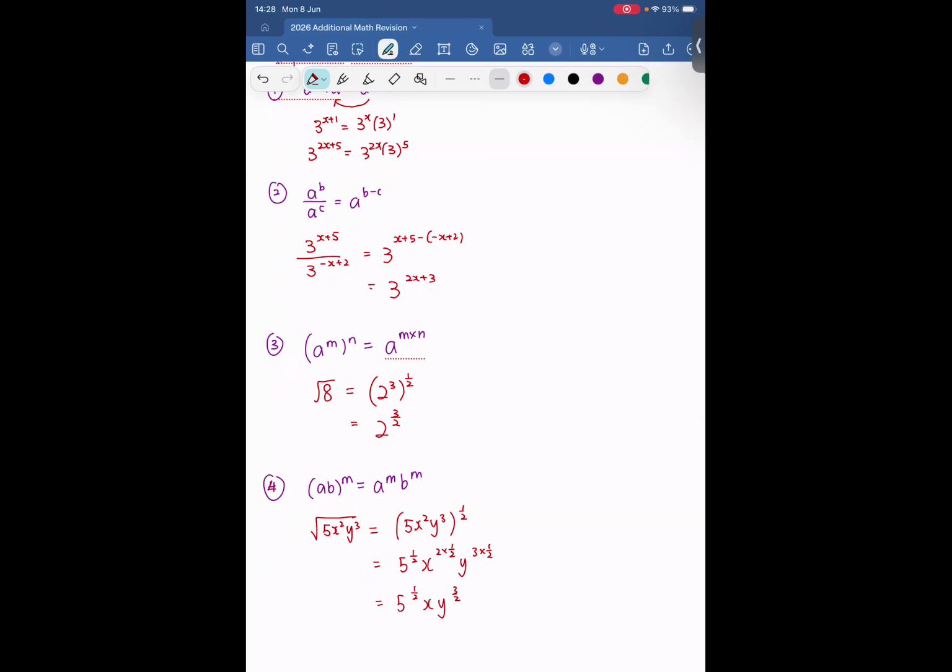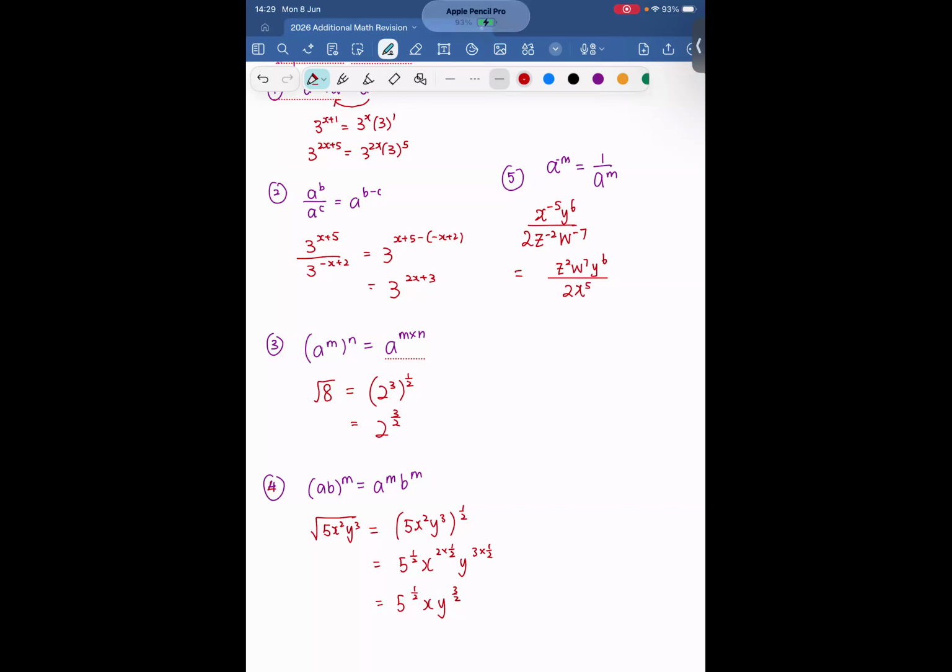Okay, so these are some very common properties that we know. What else do we need to know? If you have negative power, then you just change it to the denominator, it becomes positive power. Example, let's say we have x power negative 5, y power 6 over z power negative 2. Let's put a number here, w power minus 7. So what we do, the z will go up, the w will go up, the y will stay there, the 2 will stay there, the x will go down.